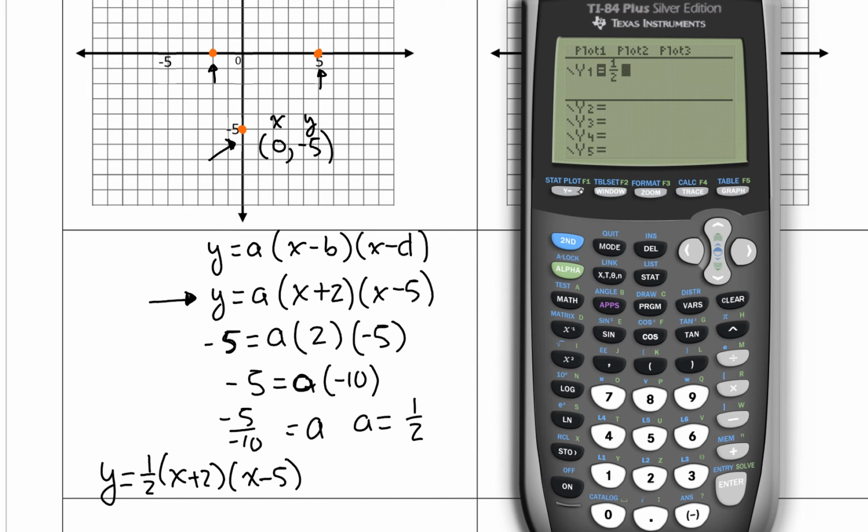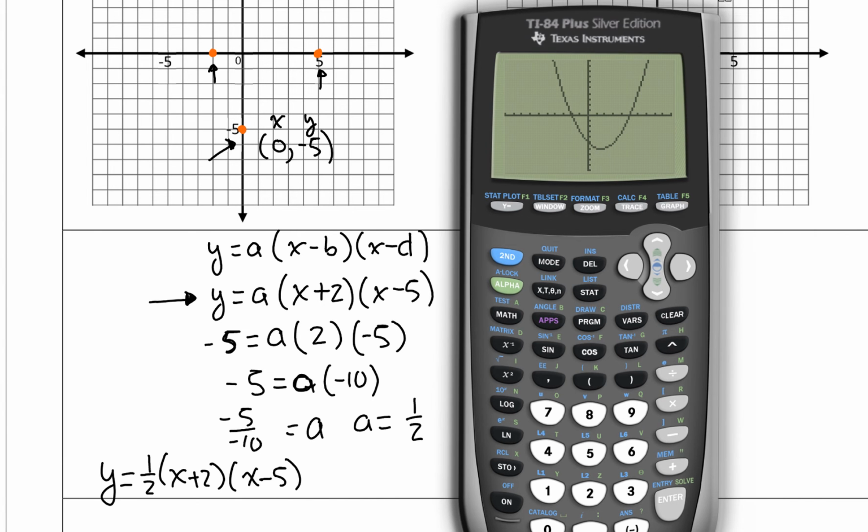So y equals 1/2, and then open parentheses x plus 2, close the parentheses, and then open parentheses x minus 5. If I press graph now, it certainly looks like it's doing all the things I think it's doing, but I can verify that by pressing trace, and with trace on, I can hit some values.